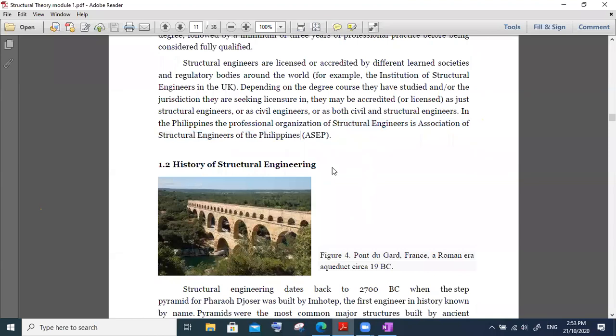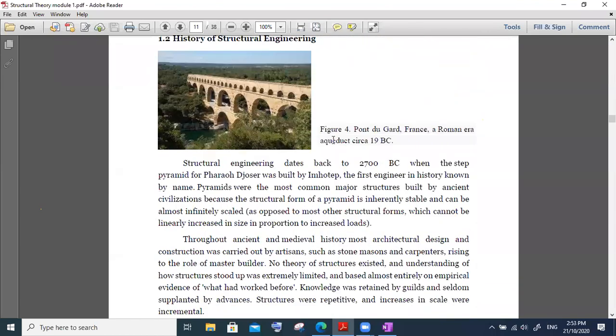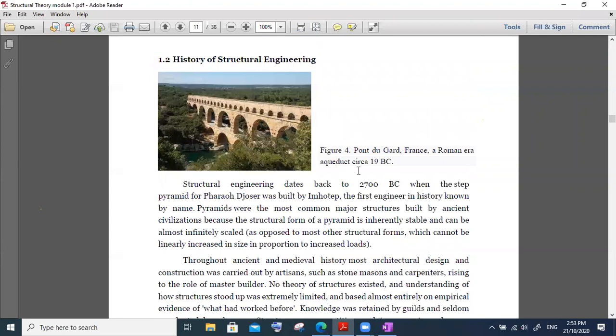Okay, so let's proceed with the history of structural engineering. In this figure, you can see the Pont du Gard in France. This is a Roman era aqueduct circa 19 BC.